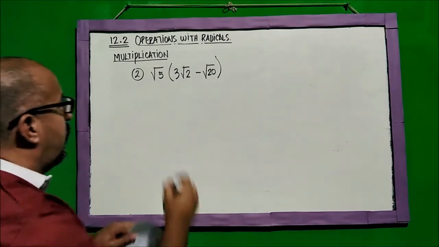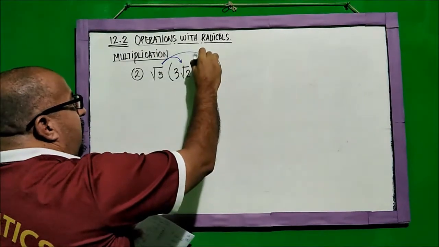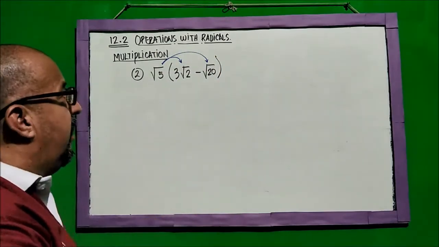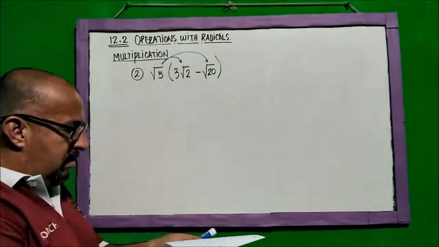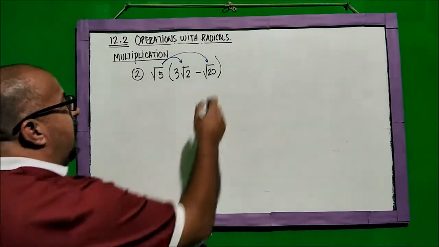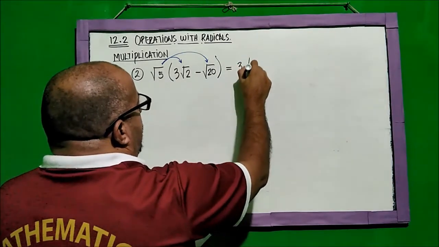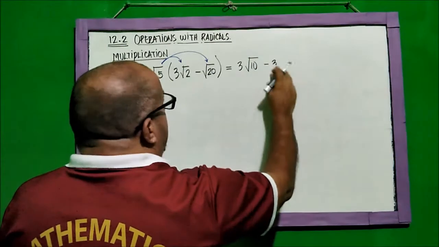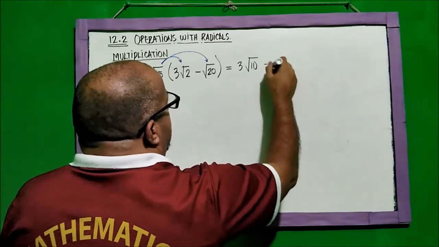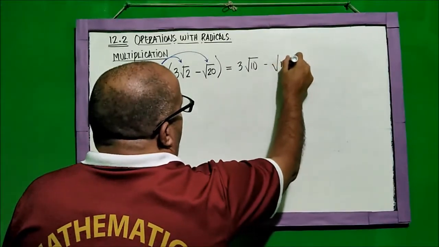So what we're going to do is apply the distributive property and multiply this radical in this way. Remembering that radical with radical, radical with radical. So in this case, the final answer here will be 3 square root of 10 minus the square root of 20 times 5, which is 100.